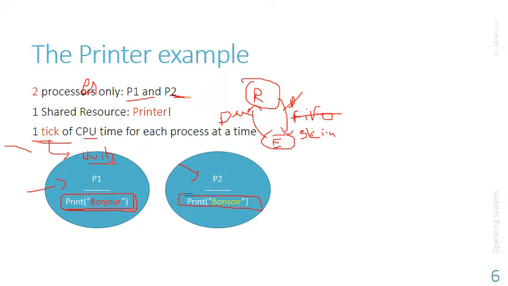So let's try to imagine the scenario of execution here, considering that every time each process gets the CPU, for each tick it will only be able to print out one character. So it's one character at a tick. Alright, so what would happen here?